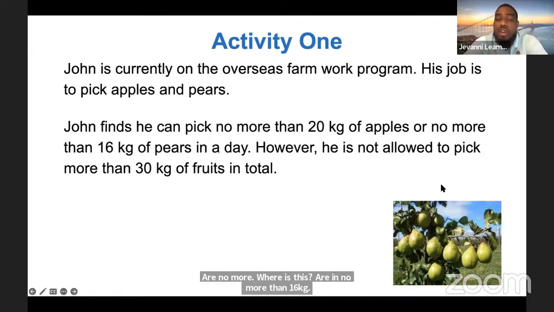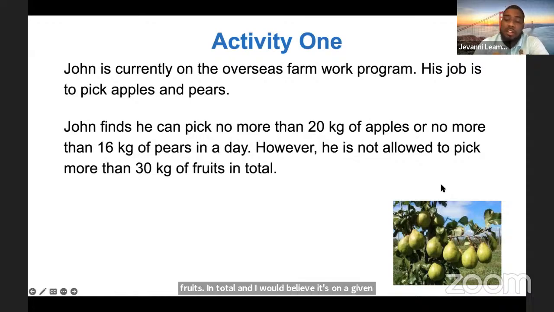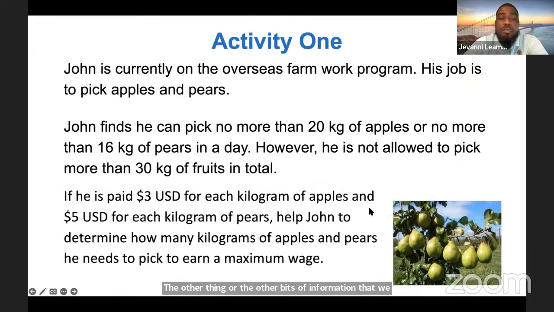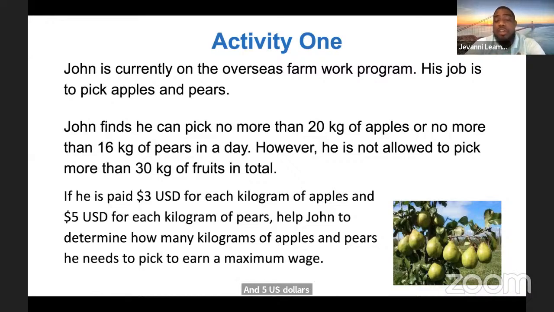However, he is not allowed to pick more than 30 kilograms of fruits in total, I would believe on a given day. The other bit of information that we have is that he is paid $3 for each kilogram of apples and $5 for each kilogram of pears.